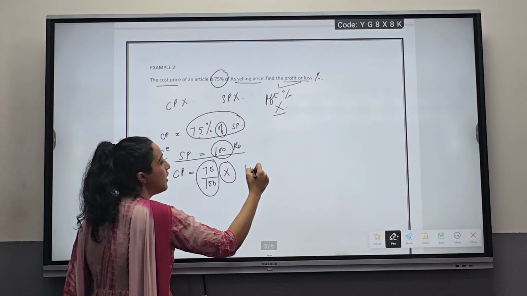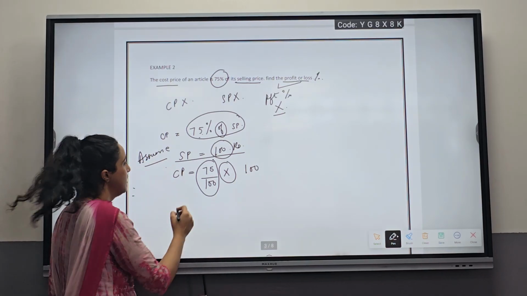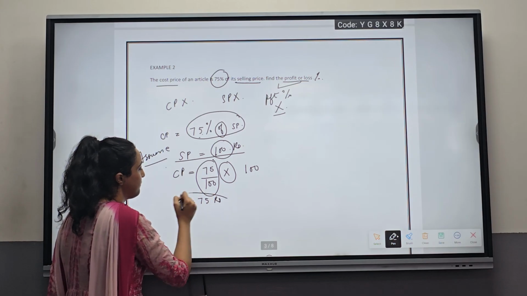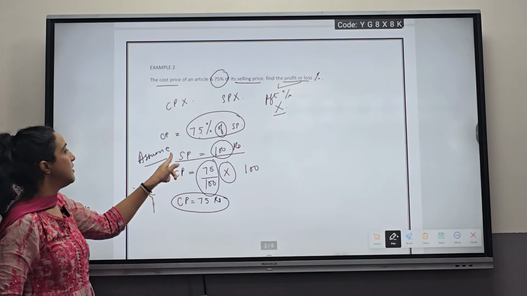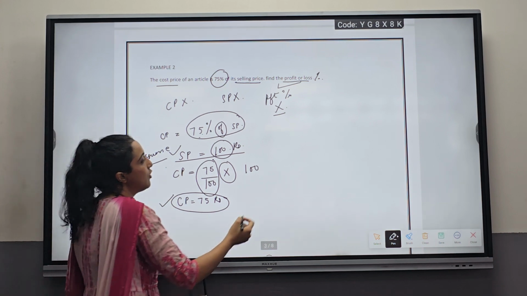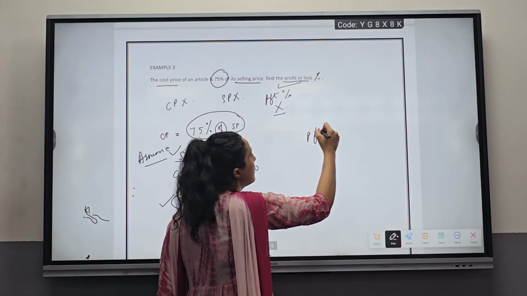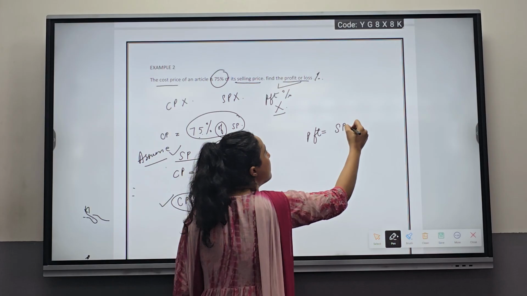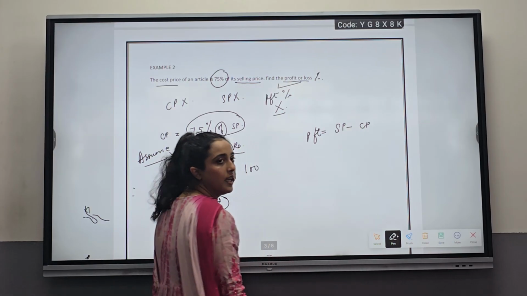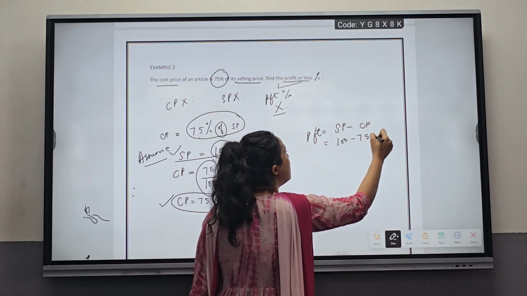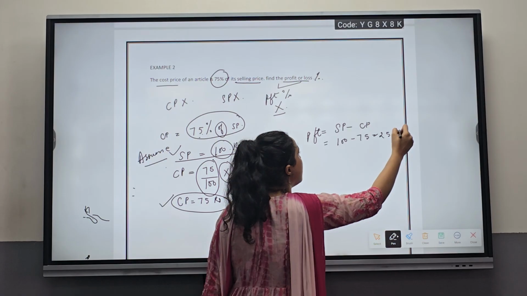Selling price is 100 rupees. This means you will get cost price as 75 rupees. Now you have the selling price, you also have the cost price. So what will be the profit? Profit will be selling price minus cost price. This will be 100 minus 75. You will get profit as 25 rupees.